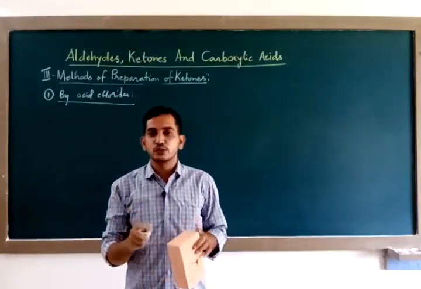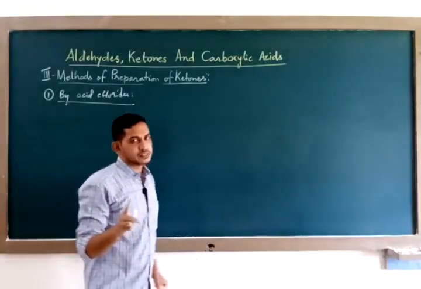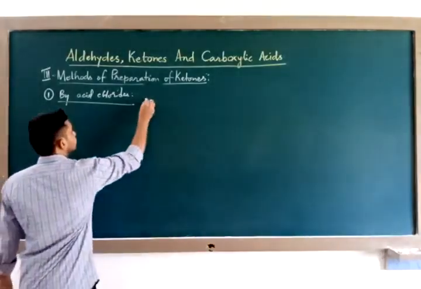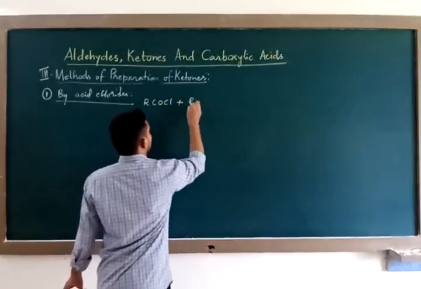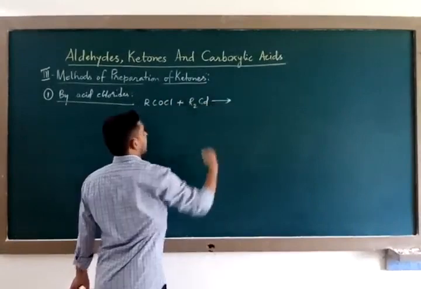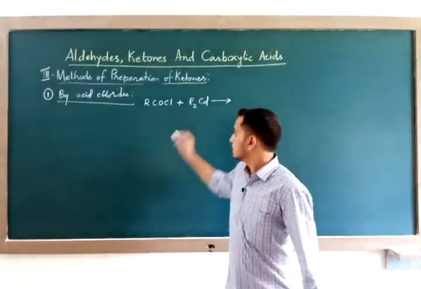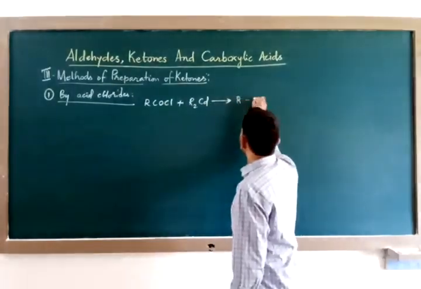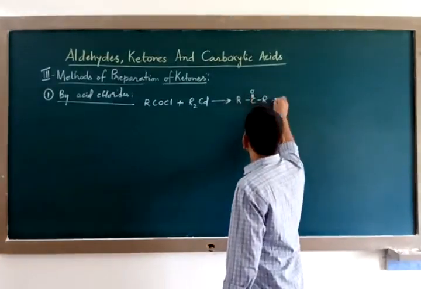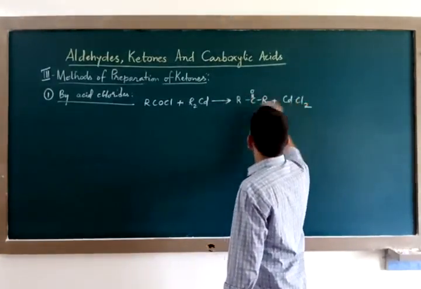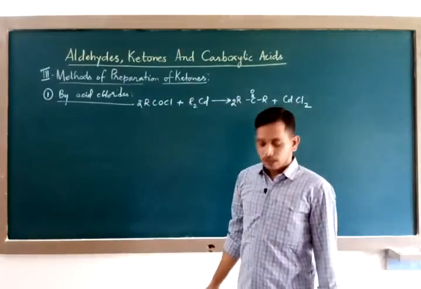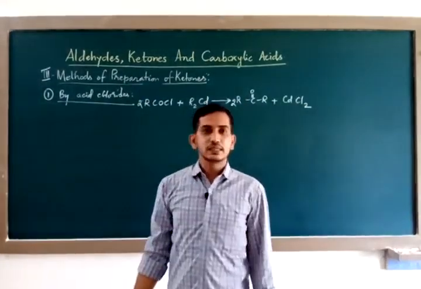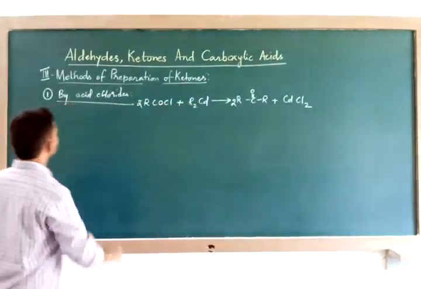There it was reduced using platinum or palladium in the presence of barium sulfate. Here you use acid chloride and react it with dialkyl cadmium, then you will get ketones and cadmium chloride as products. This is one method, not so important.